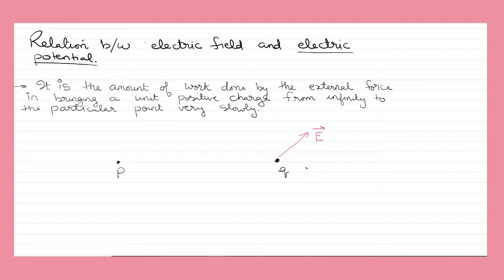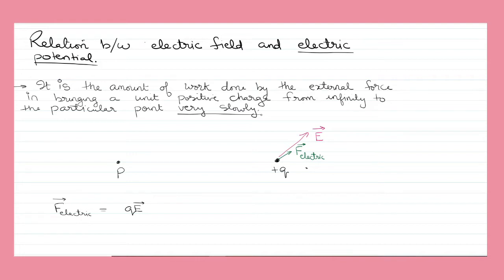Now on this q coulomb, if it is positive, this electric field will exert an electric force, and this electric force will be equal to qE. Due to this electric force, an acceleration may be produced. Now here, as it is written very slowly, it means that acceleration must be 0.